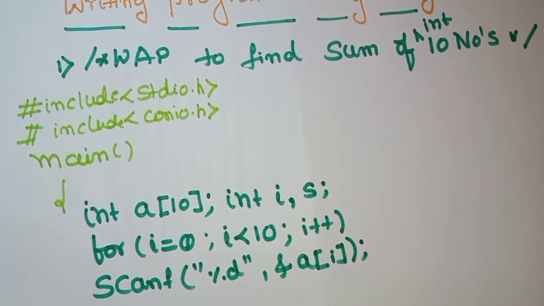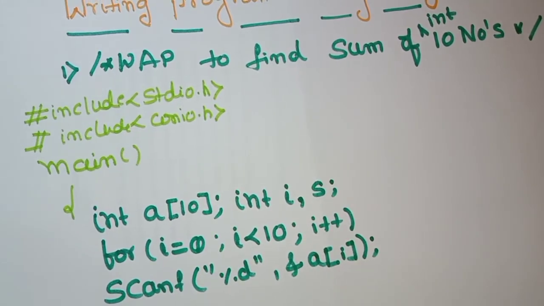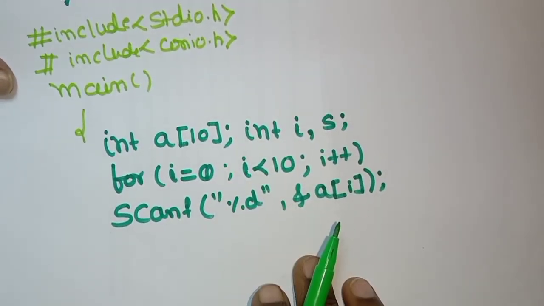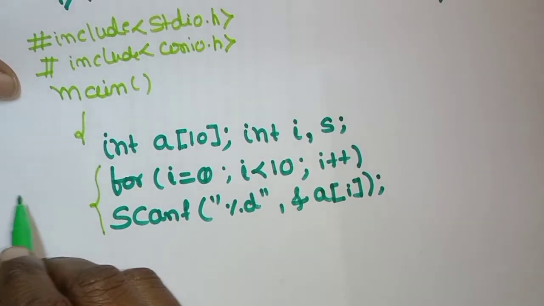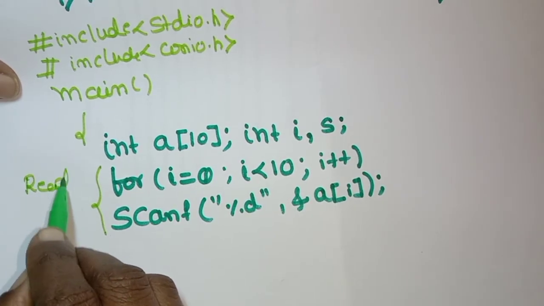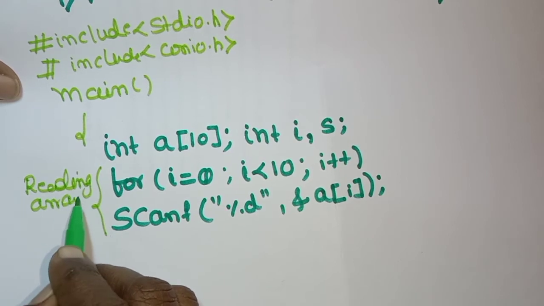After this you have to find the sum. Till now the same program is there that we have written for almost all arrays. These two lines are going to perform reading the array using the keyboard.